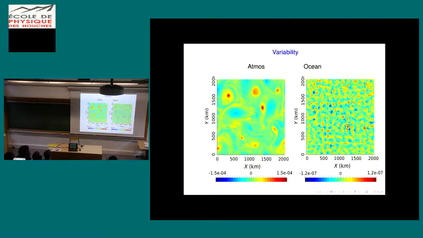What we had actually is this configuration. What you see is vorticity. This is on the F-plane, shallow water. This is vorticity in the atmosphere, and this is the vorticity in the ocean, and it's biperiodic in the horizontal directions.